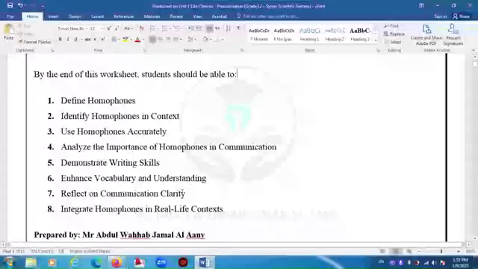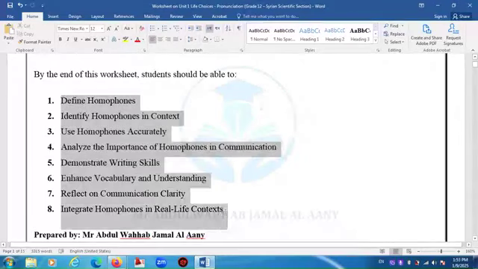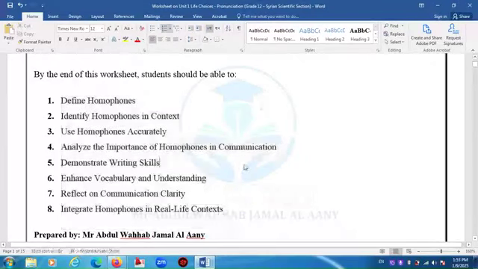After that, we will try to reflect on communication clarity, and we will integrate the homophones in real life context. We will reflect on a writing task. I try to cover Bloom's taxonomy learning objectives of recalling, applying, understanding, analyzing, evaluating, and creating.